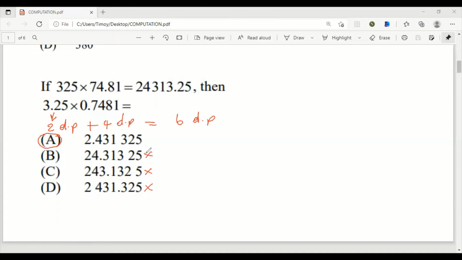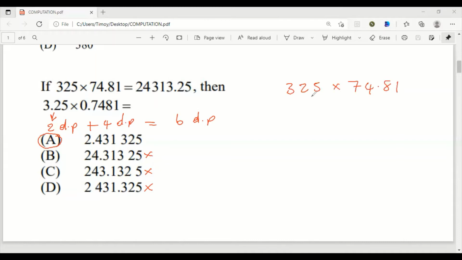But my question is, what if there were no solution that has 6 decimal places? How would we go about doing this question? Now let's observe what was given. They give us 325 times 74.81.